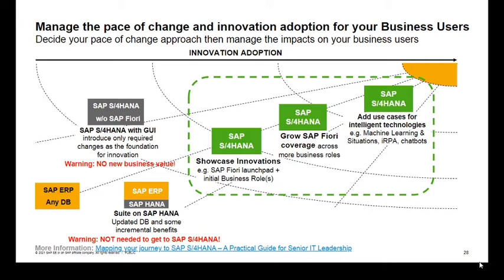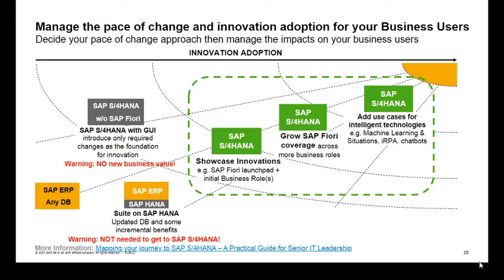So once you are becoming a more and more intelligent enterprise, you would be moving up this ladder basically towards the upper right corner of the slide. You would be starting with some showcase innovations. You start with some of those applications, introducing some of the business roles where you have directly some significant business value, and you would grow this coverage over time.